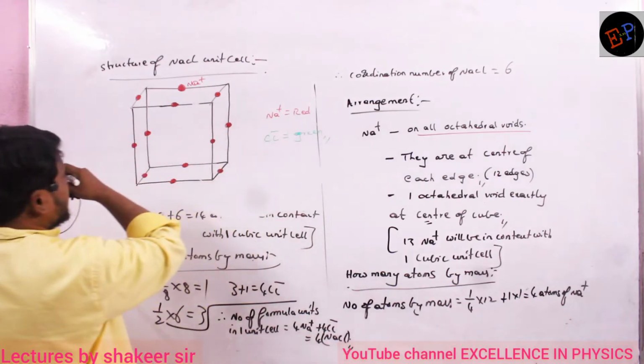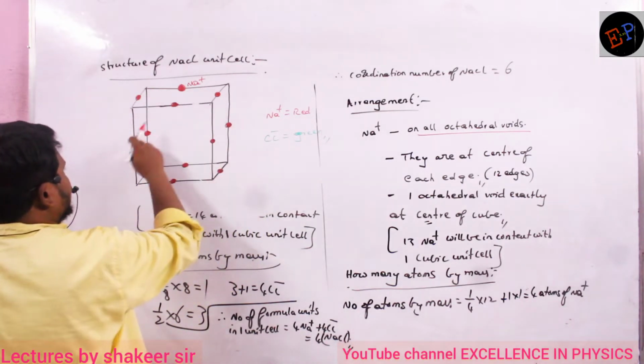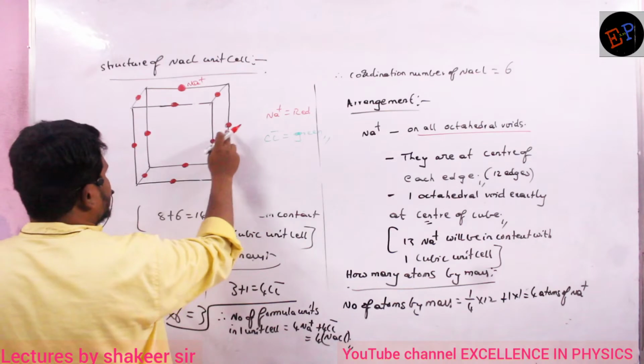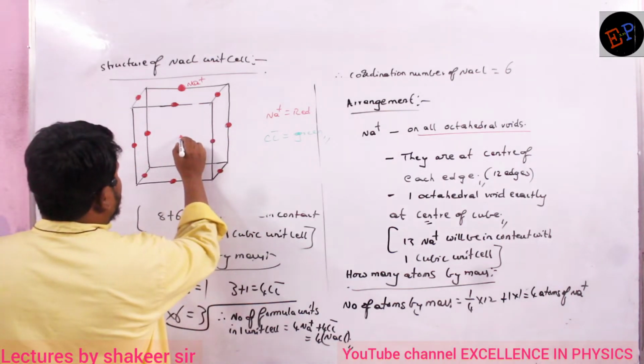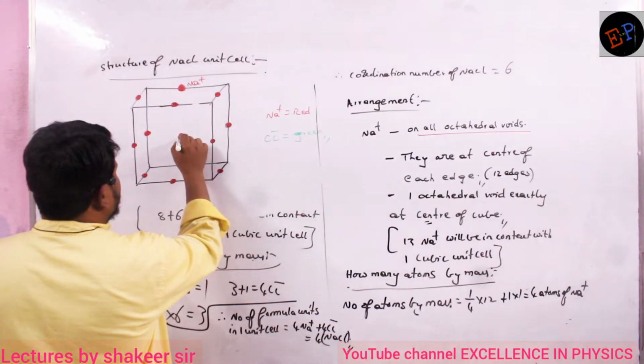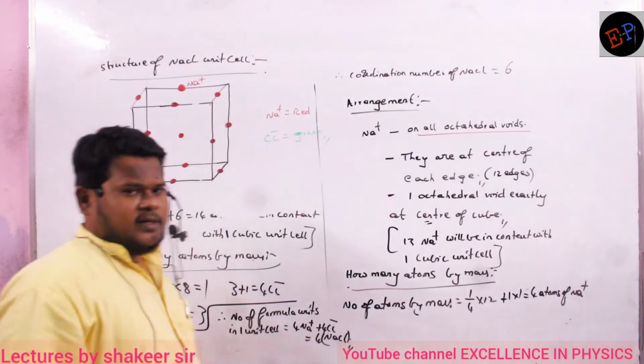Twelve are completed, no? 1, 2, 3, 4, 5, 6, 7, 8, 9, 10, 11, 12. Okay? And there will be one Na plus exactly at the center of this unit cell. So this is the arrangement of Na plus ions.